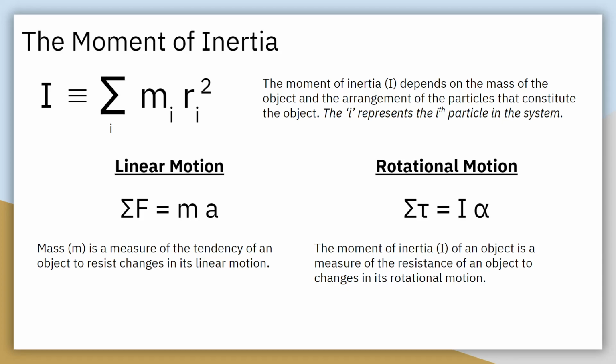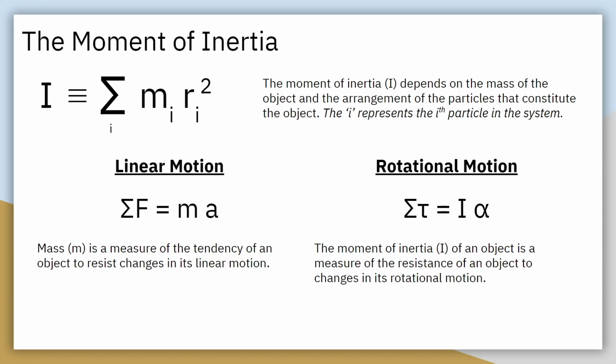Some people even refer to that just as the inertia of our system. The mass of our system, or the inertia of the system, is that object's or that system's resistance to changes in its linear motion. That should be contrasted against the moment of inertia, or the rotational inertia of our system.